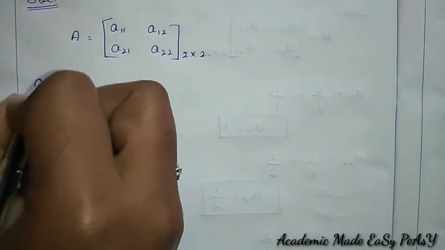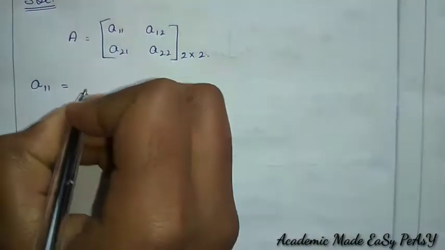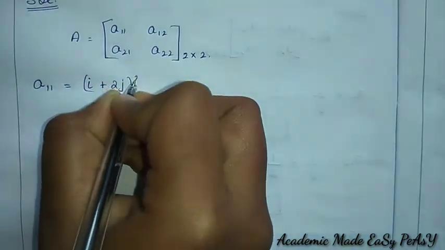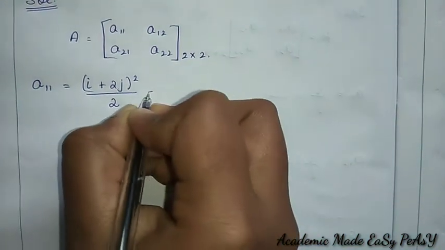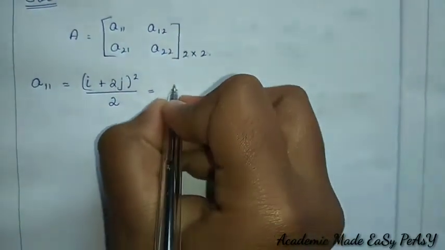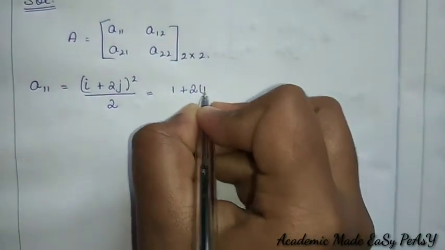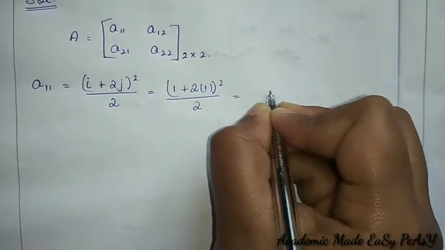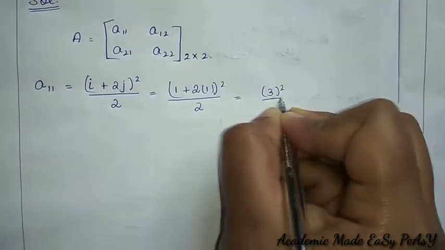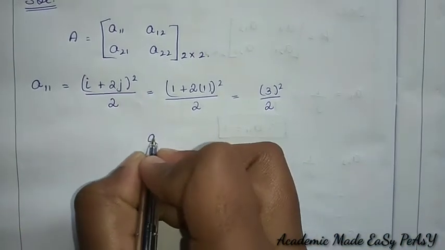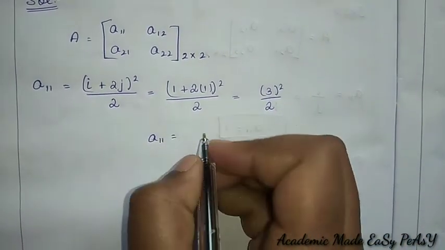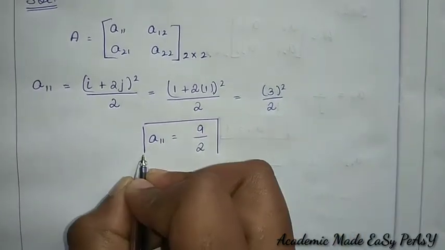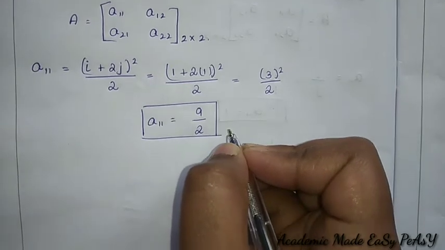So first one is A11. So what is the given condition? (i plus 2j) the whole square divided by 2 is equal to (1 plus 2 into 1) the whole square divided by 2. So 3 square divided by 2. So A11 is equal to 9 by 2. This is the first element in the first row.